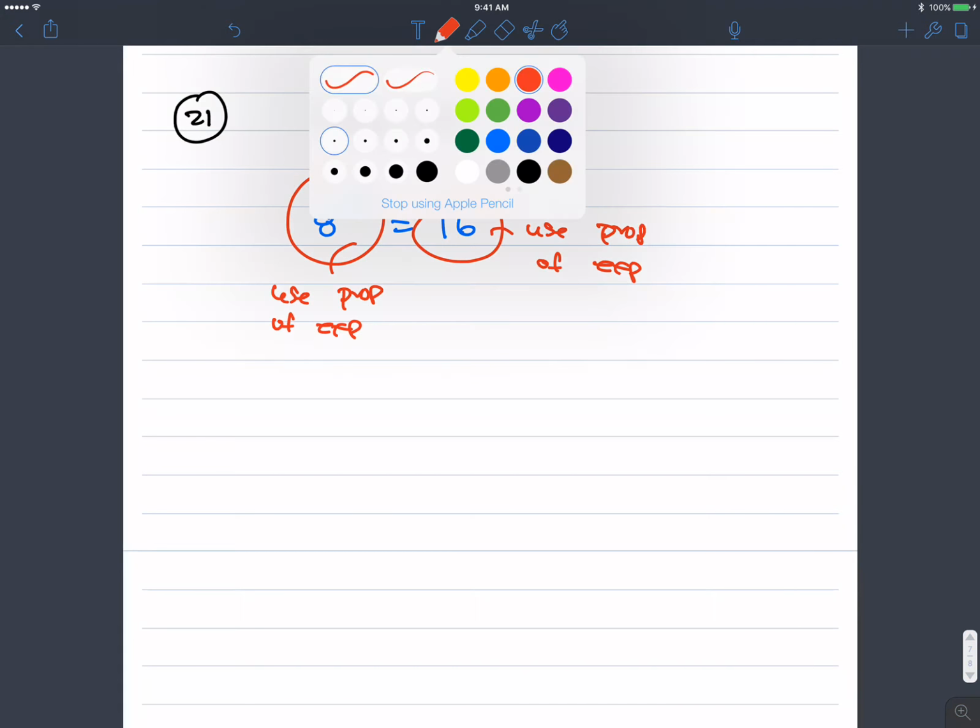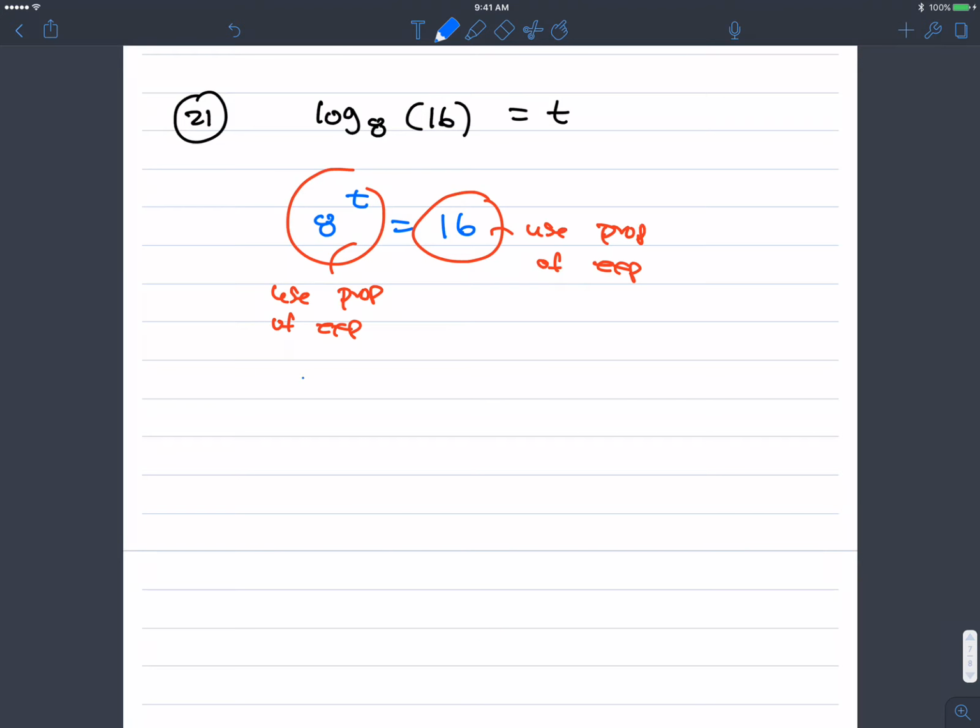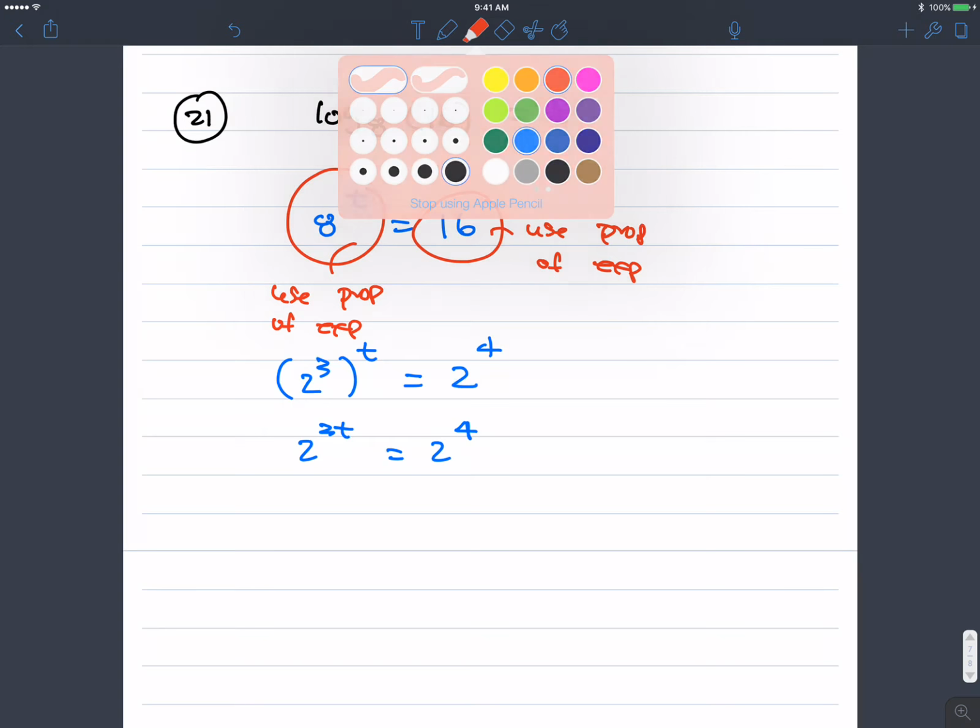And so if we really thought about it, let's notice that 8 can be written as 2 to the third power. Don't forget to raise that to the t power. And 16 is actually 2 to the fourth power. So if I use properties on the left, this means 2 to the 3t is 2 to the 4. We now have same base, 2.